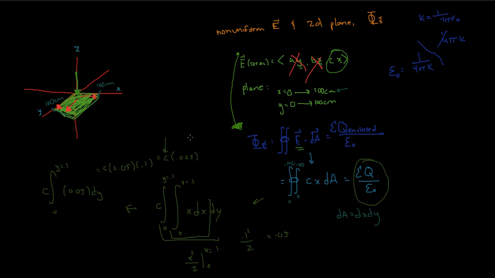And if you did have a value for C, you'd be able to set C times 0.005 equal to the sum of enclosed charges divided by that constant, 8.854 times 10 to the negative 12. That's just a number, and if you know this, you can now find what the charge in this plane is.